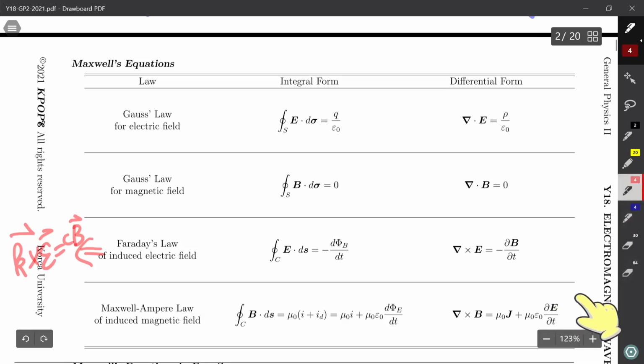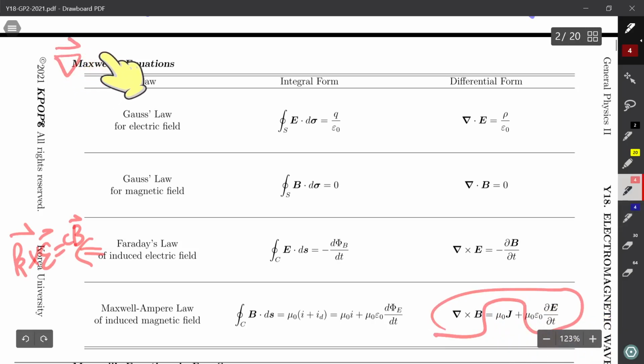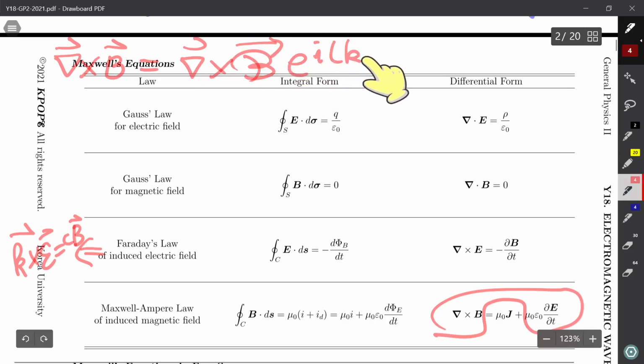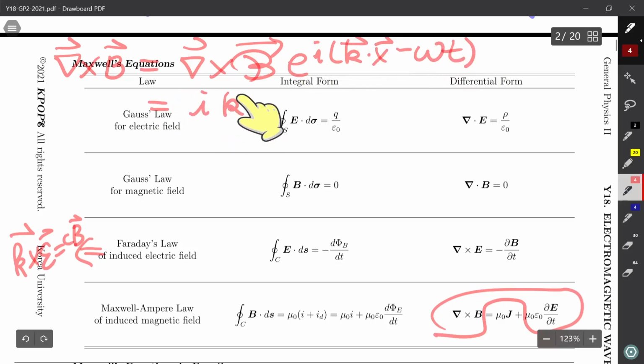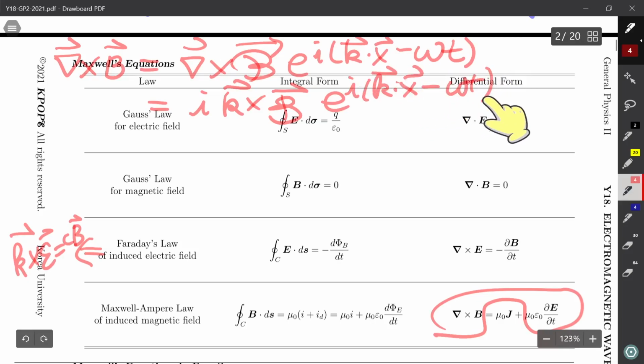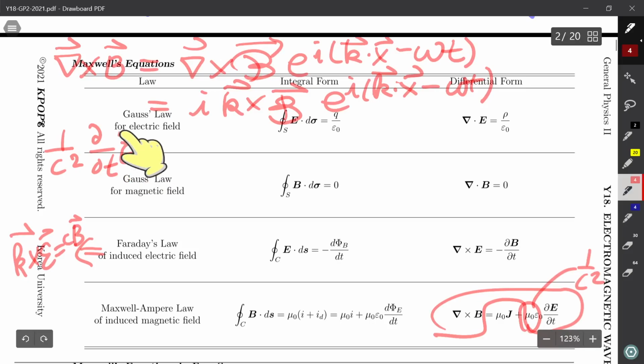Curl B equals ik cross B, and this one is 1 over c squared times the time derivative of the electric field.